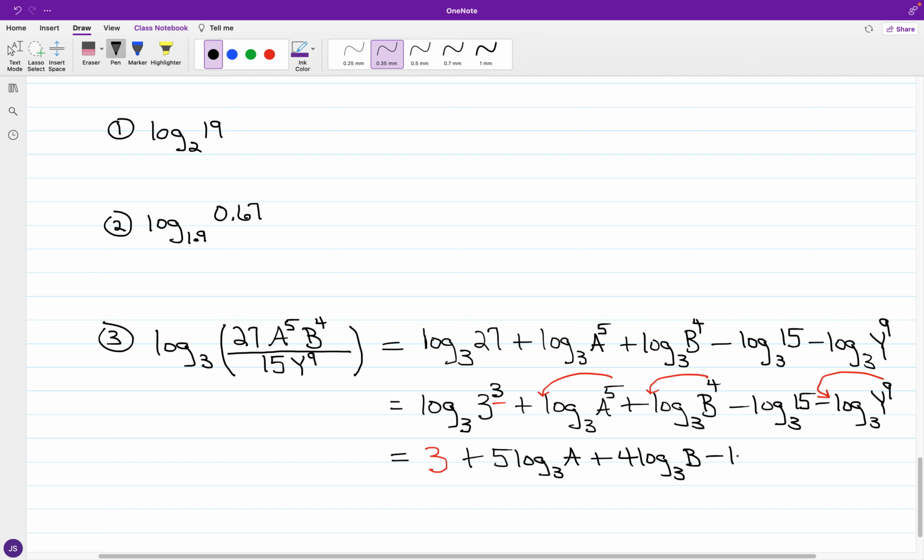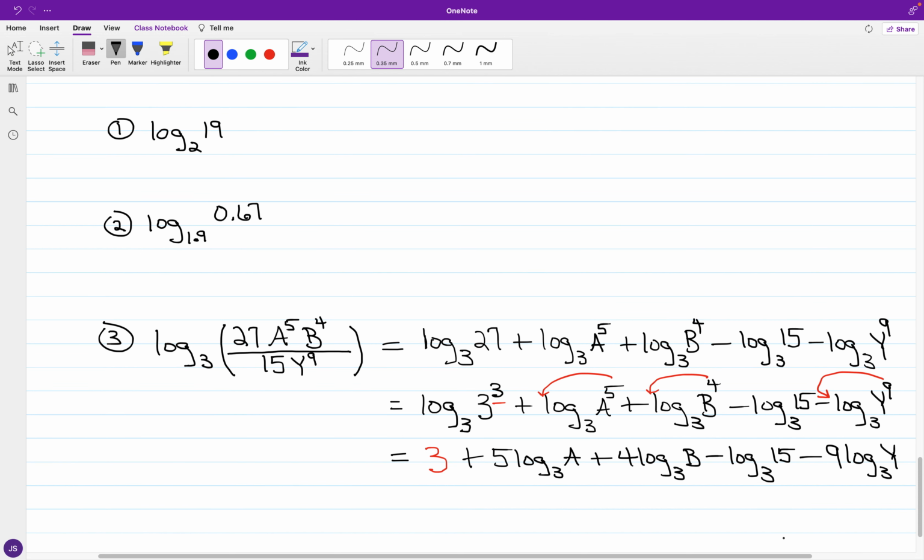Again, we have minus the base 3 logarithm of 15, and we have minus 9 times the base 3 logarithm of y.